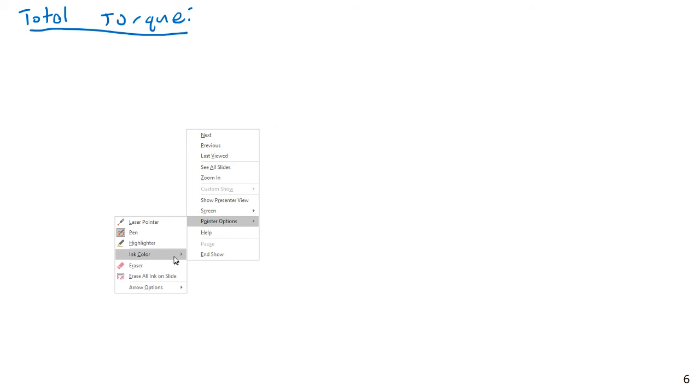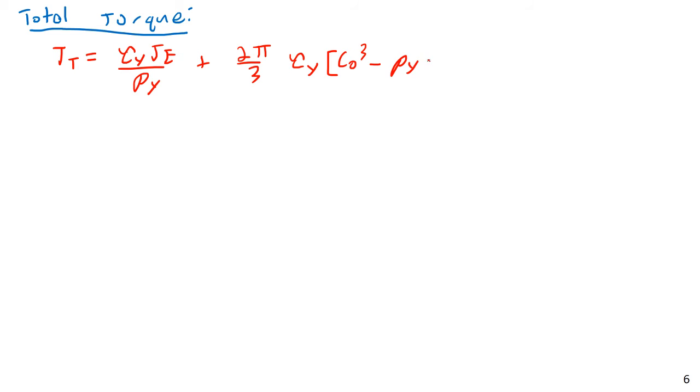And then finally, total torque. Let us combine all this together to find the total torque. In red, I'm going to do this. TT, total torque, is tau y JE over rho y plus 2 pi over 3 tau y times c outer to the 3rd minus rho y to the 3rd here.